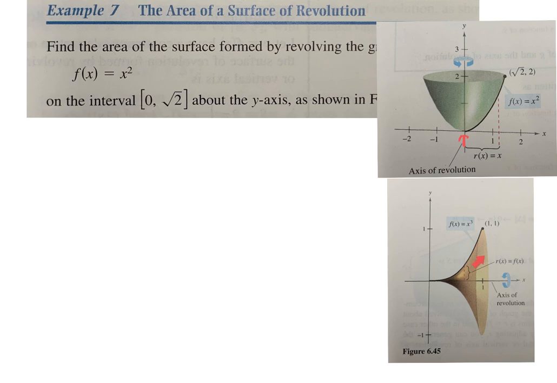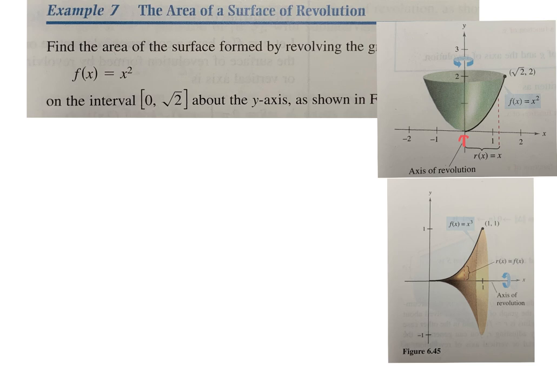Here, I'm revolving around the y-axis, so my distance from the axis to the curve is just going to be my x value, whatever my x value is, right? I'm not talking about from here to the x-axis. I'm talking about from here to the point on the function.